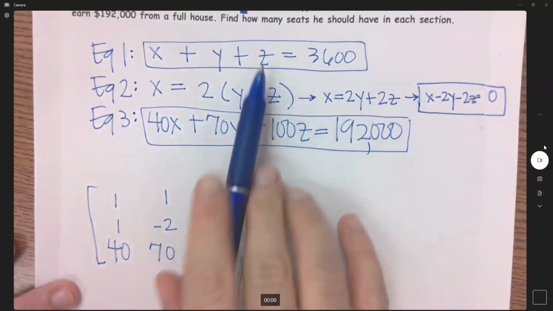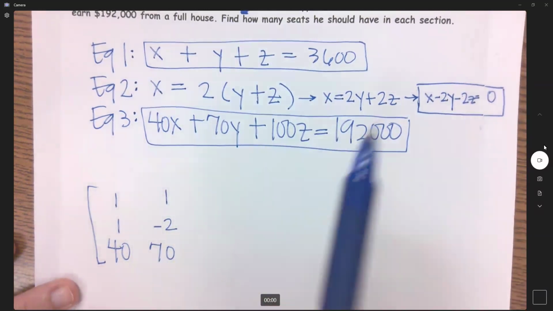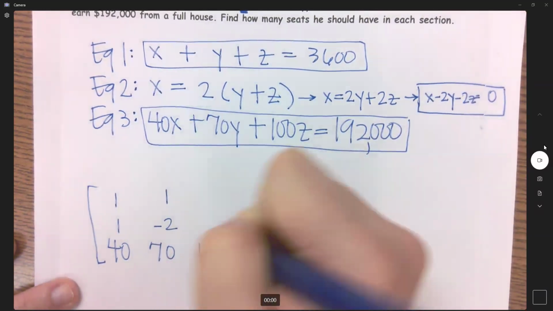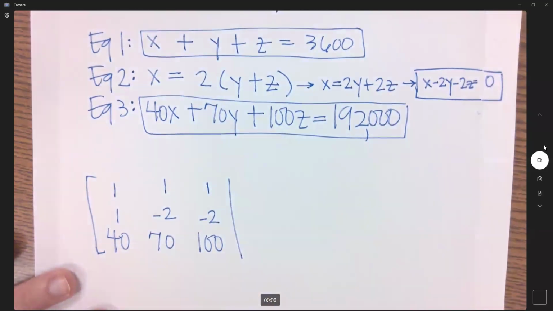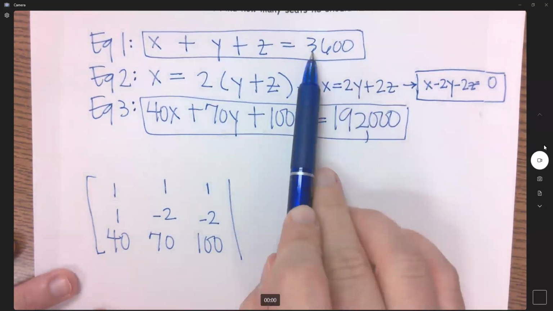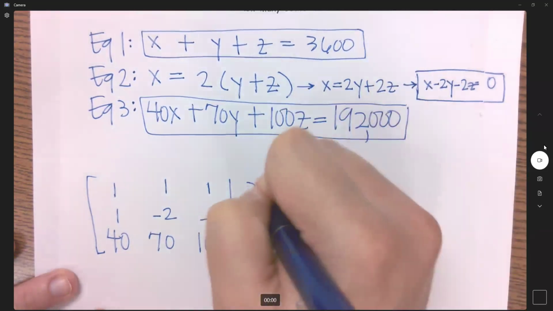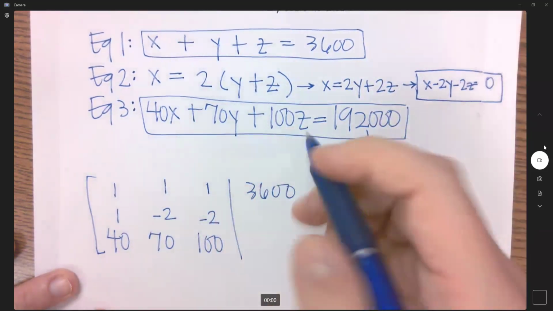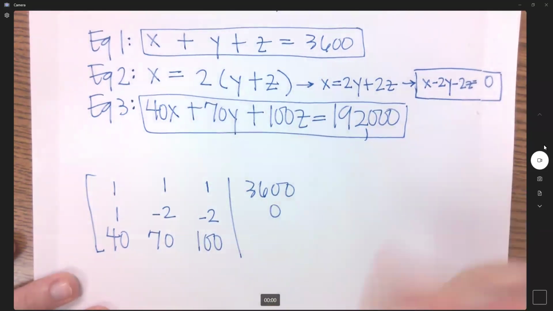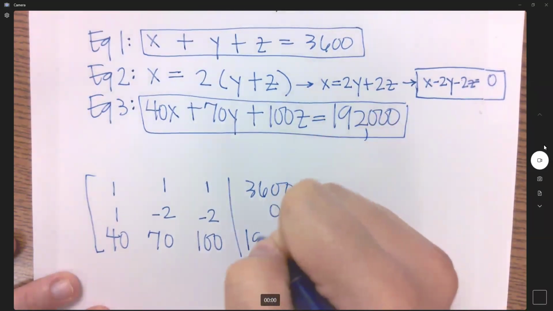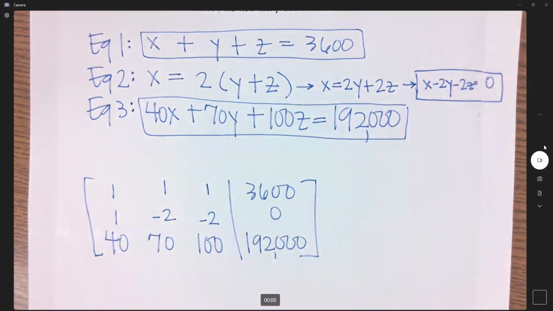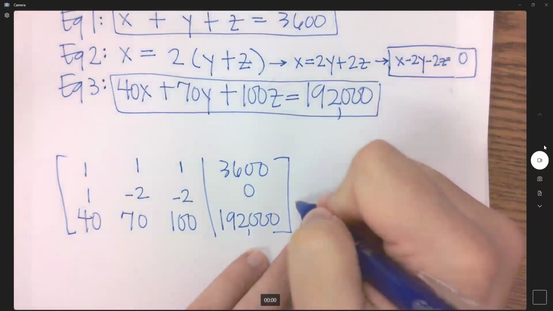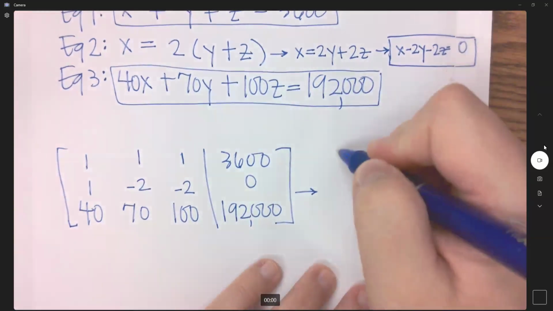My z column is 1, negative 2, 100. Here's my equals, and it equals 3,600, 0, and 192,000. I also made that very big, so we're going to squeeze this in here.